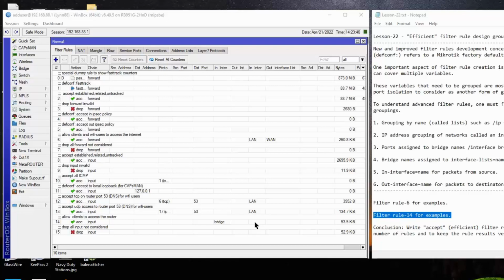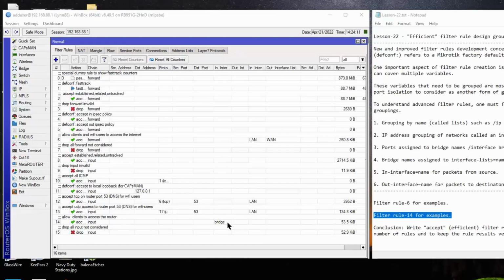So instead of saying LAN here, we said bridge. And what this means is we'll accept packets coming from the interface bridge, and we don't care where they're going. They can go anywhere they want to, and we'll accept that. But if the packet came from bridge 1 dash Wi-Fi, then that's not part of this match. Therefore, it wouldn't be matched.